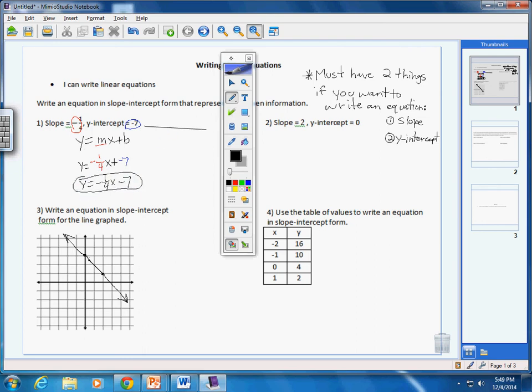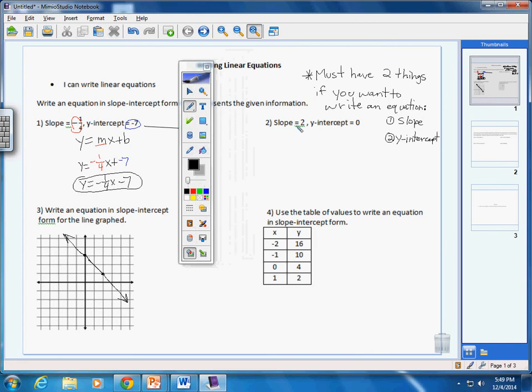Okay? So here we are. Move this to the side a little bit so we can do number 2. Write an equation in slope-intercept form. Okay? We know our slope, we know our y-intercept. So y equals mx plus b says, hey, if I know my m, let me plug it in. And my m, my slope, is 2. So it's 2x.